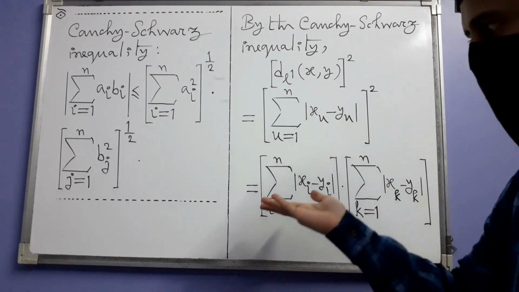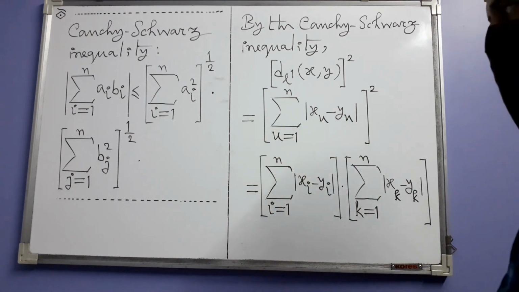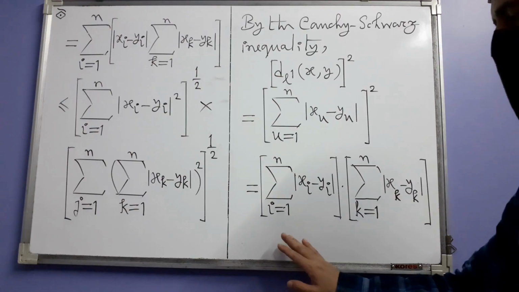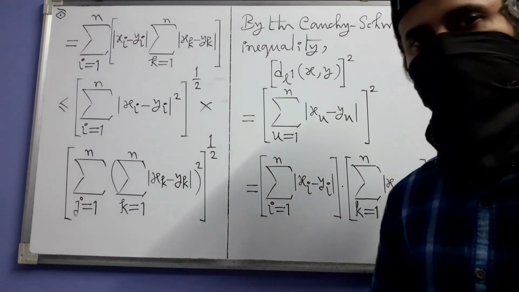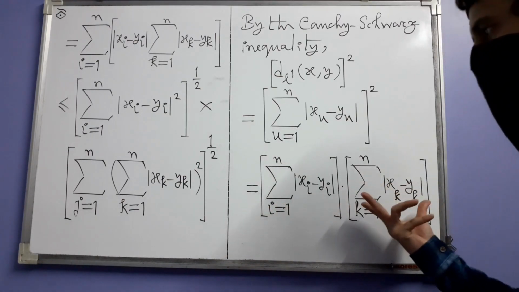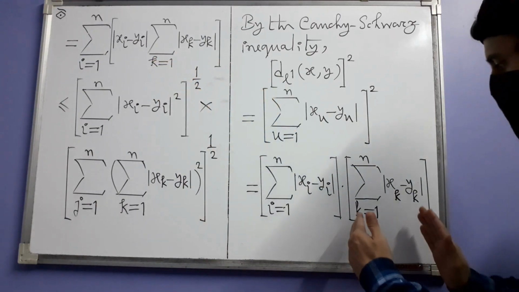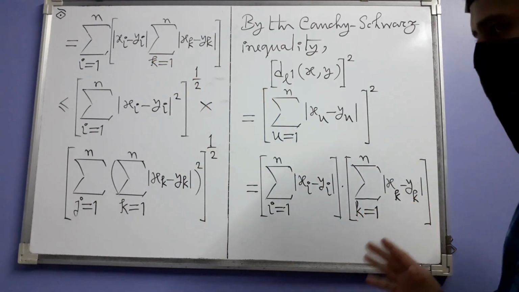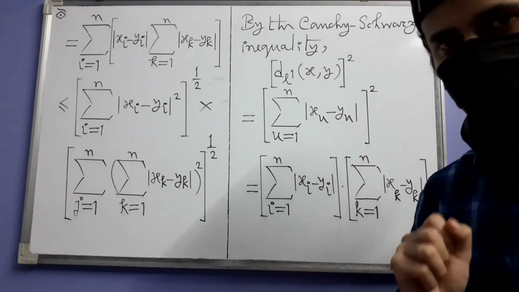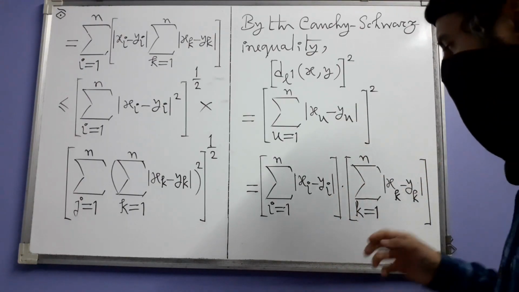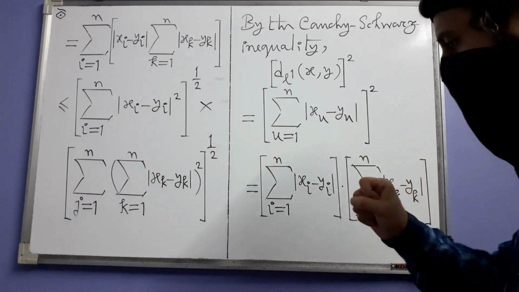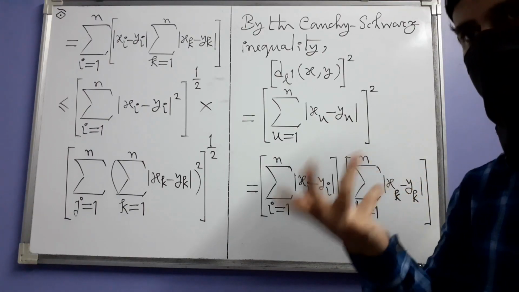Alright, so let's now go for the next step. So we multiply these two sums like this. We are treating the second sum as a single real number, which it is. So you just think of this as something, say b.